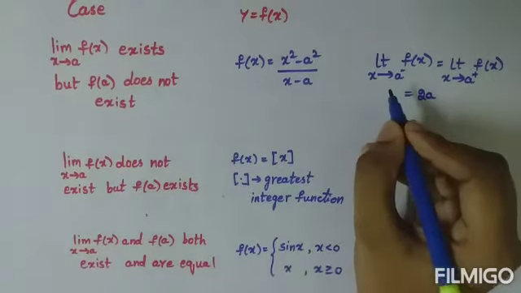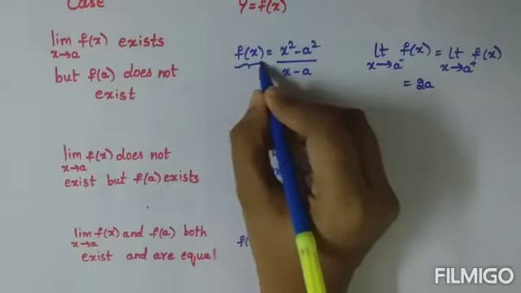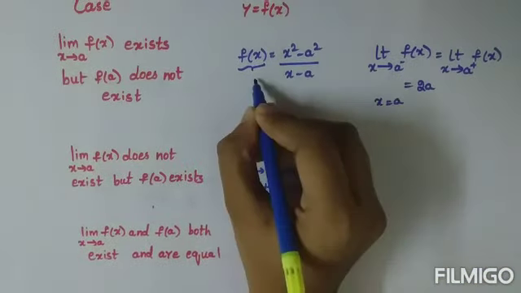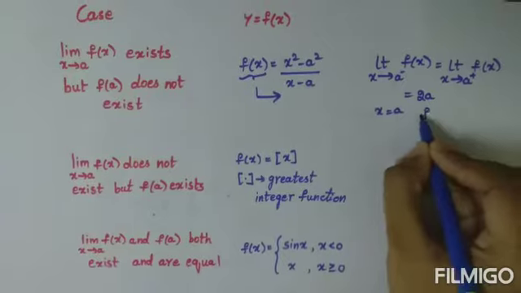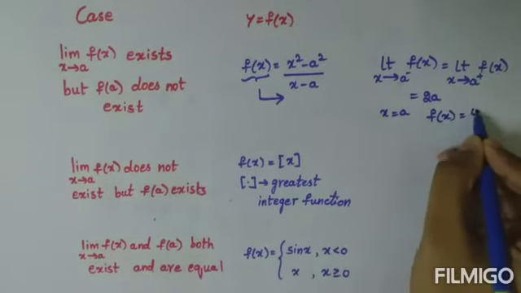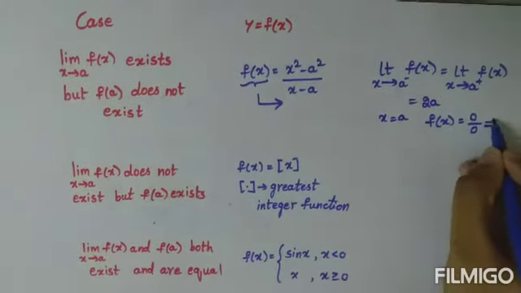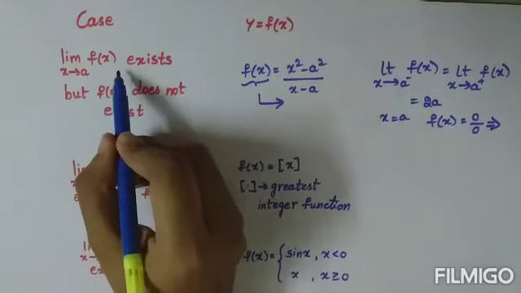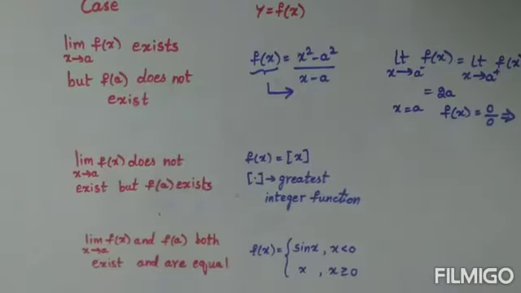So we say that limit of the function exists. But when we substitute x equal to a, we see that f of x comes in the form of 0 by 0. It means the function is not defined. So in the first case, limit exists but f of a does not exist.